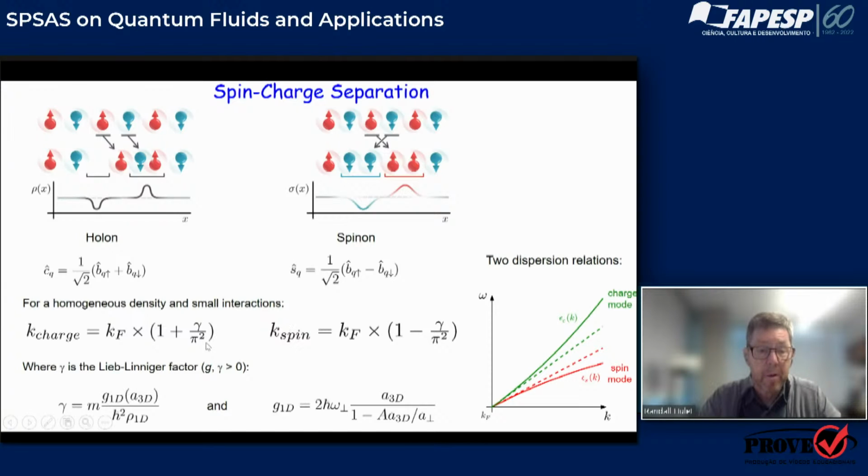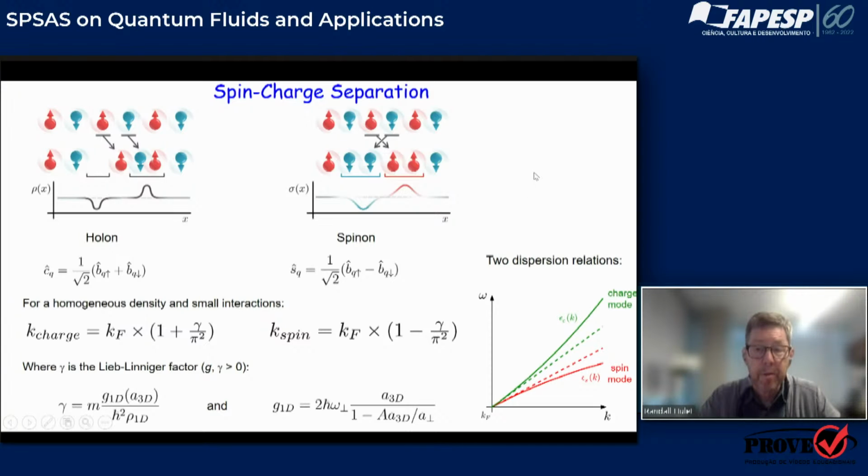In reality, a more complete theory will show that these increase and decrease in speeds are not the same. They're not both equal to gamma over pi squared, but they're different. The spin actually reacts a little bit stronger than does the charge, so it actually slows down with a greater amount of interaction than does the charge mode.